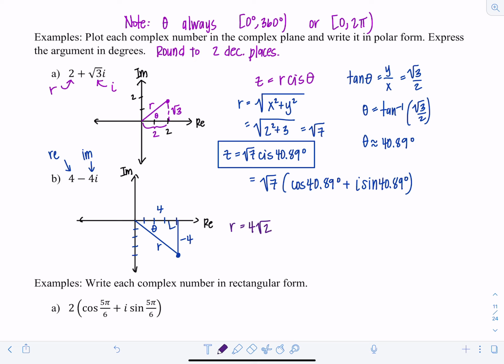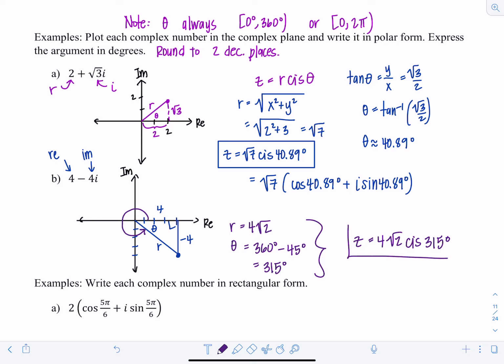And theta is going to have a 45-degree reference angle, but remember, I can only give my angles between 0 and 360. So it's going to be 360 minus 45, which is 315. So that means I can write my complex number as z equals 4 rad 2 cis 315 degrees.